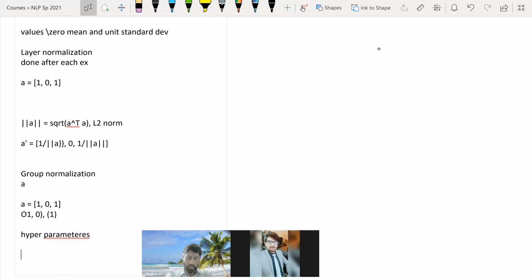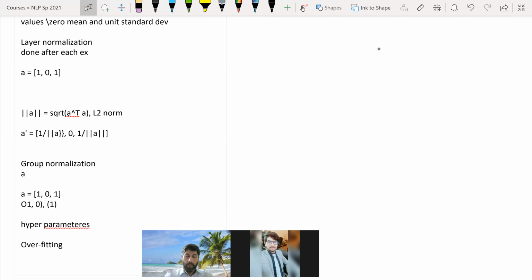And now let's talk about overfitting in general and some of the approaches that are used in neural networks to handle overfitting. So what is overfitting? Overfitting typically occurs if your model is complex and data is limited.